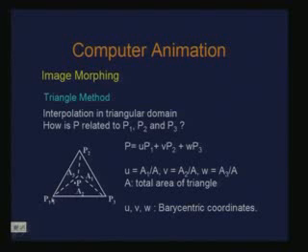Given the triangle through P1, P2 and P3, you are representing a point P inside the triangle using P1, P2, P3. And that is through the barycentric coordinates U, V and W. And this is how we compute the barycentric coordinates using the areas. So that we have seen earlier. Fine.